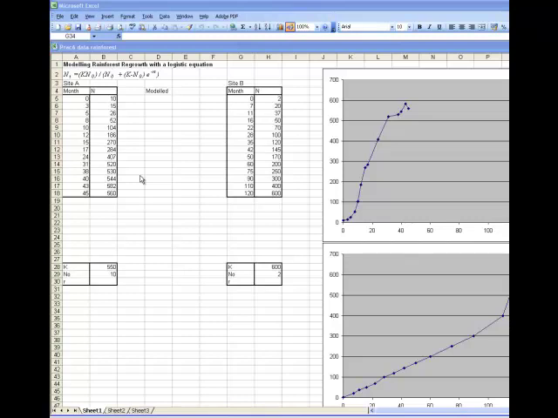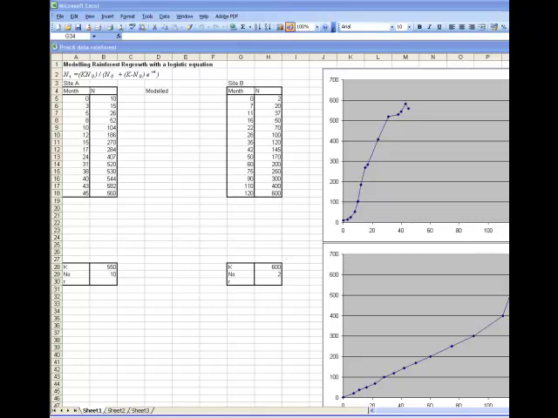If we take logarithms of both sides of the equation, we get log N at time t equals log N0 plus rt. E to the rt, if we take the natural logarithm, just becomes rt.